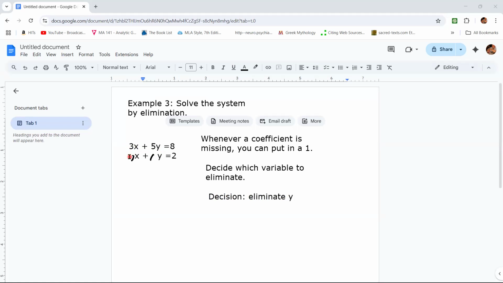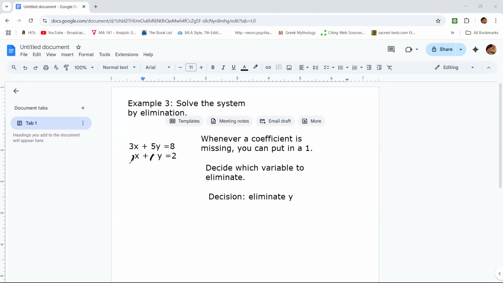I need to decide which equation to work with. I have 5y up here. If I want to eliminate it, I need a negative 5y down here. I can't just change this number, but what I can do is this.